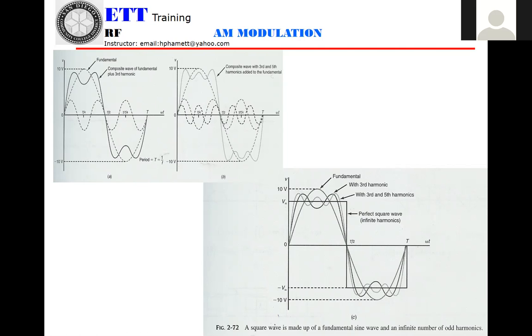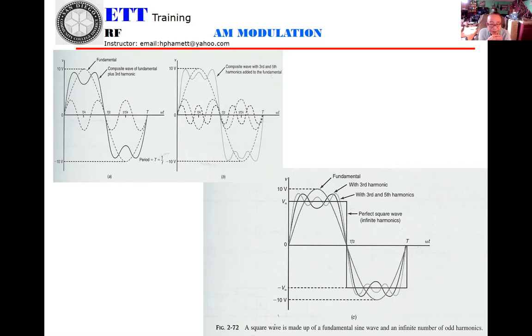Now, I already told you, a basic square wave is made up of sine waves of different harmonics. The first one is the fundamental frequency. I give you, for example, a 1 kilohertz sine wave.